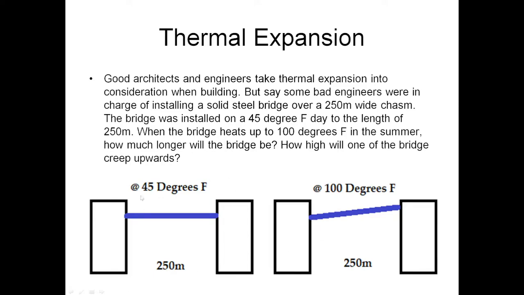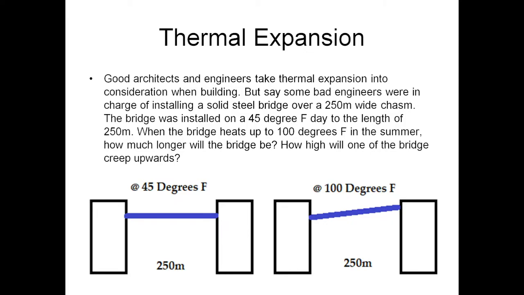But if that was the dead of winter, it'll get much hotter during the middle of summer. So let's say that in summer it gets up to 100 degrees Fahrenheit. During that time, the gap itself, the actual space that the bridge was covering, wouldn't really change size. But the bridge itself will.